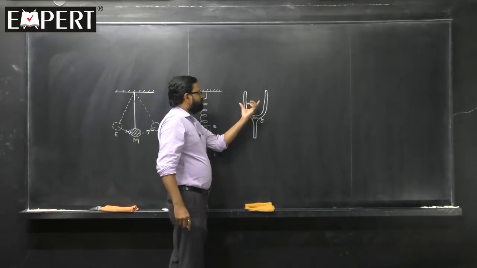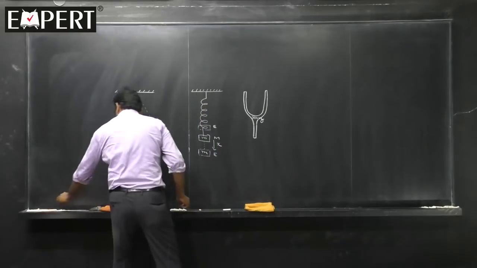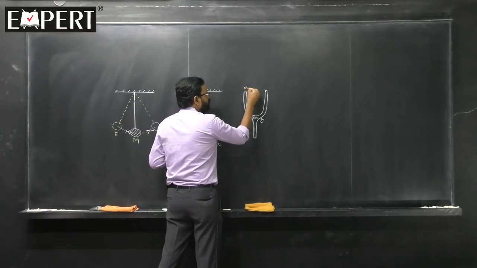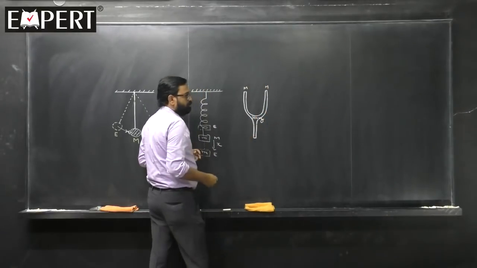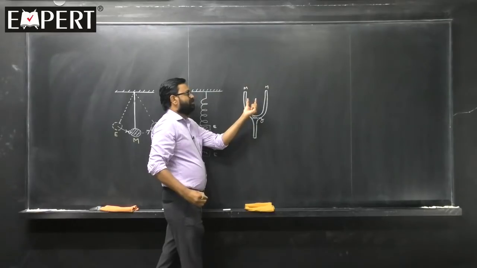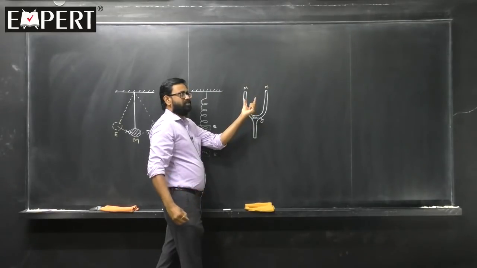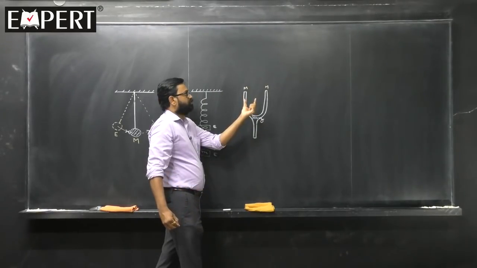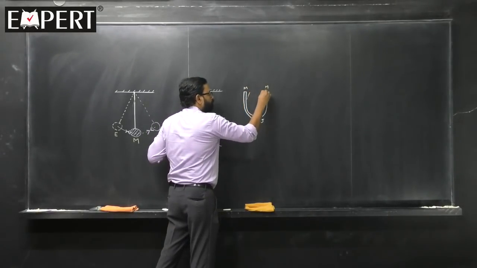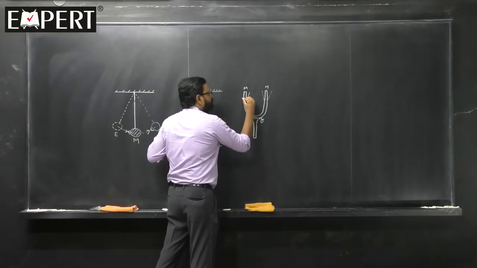When this tuning fork is set into vibration, it will vibrate like this. The prongs of the tuning fork will vibrate like this. This is the original position of the prongs. We can call it the mean position. When they vibrate, the prongs will move slightly inward. Again, they will try to go back to their original position, the so-called mean position. Again, they will move slightly outward. They vibrate like this.